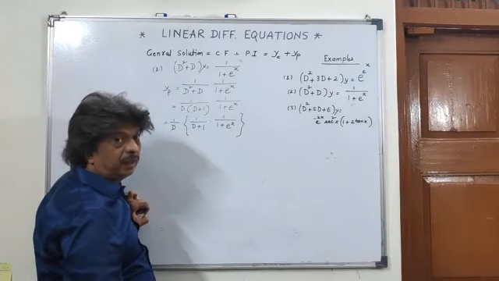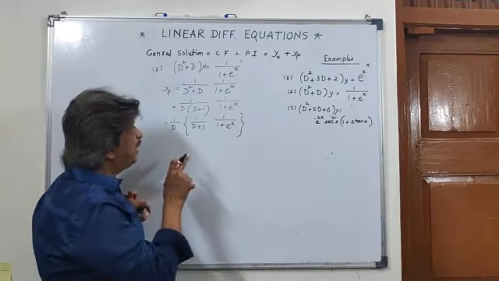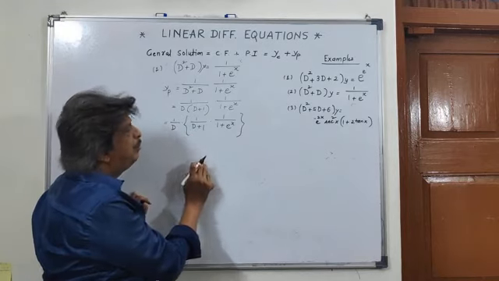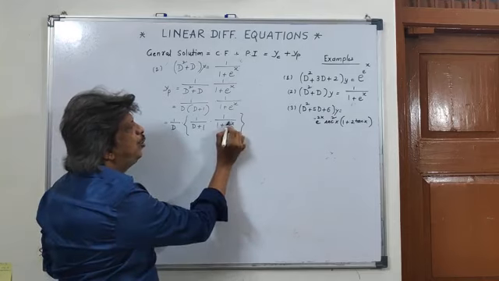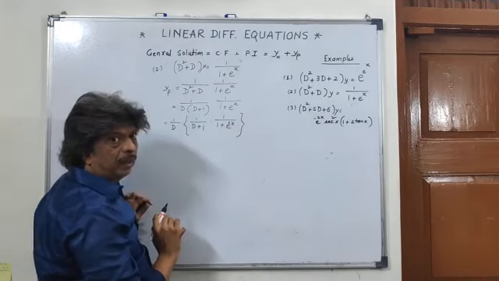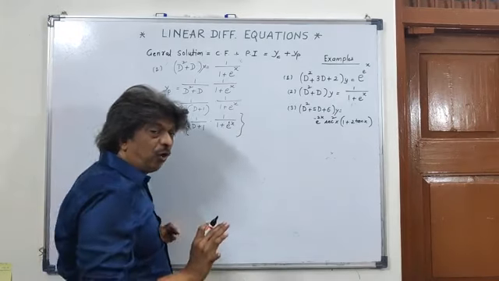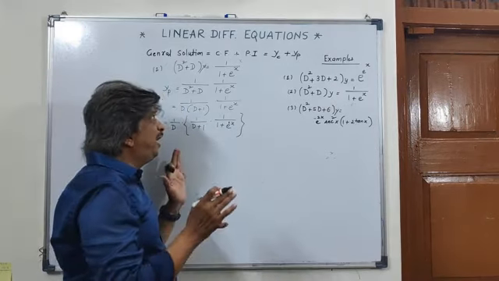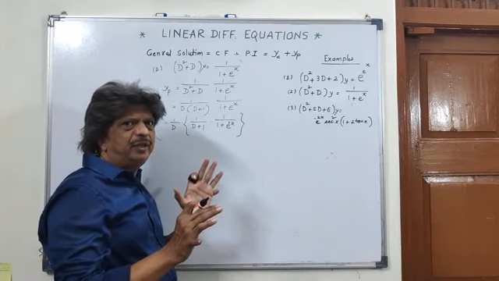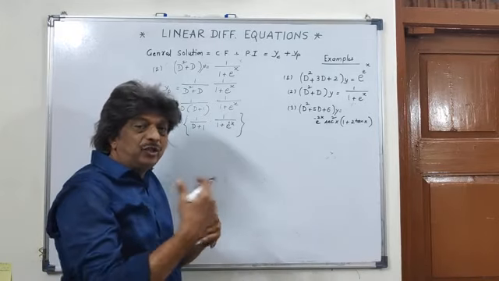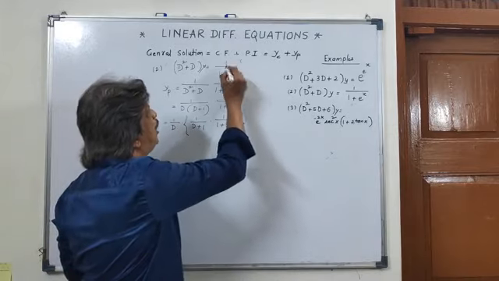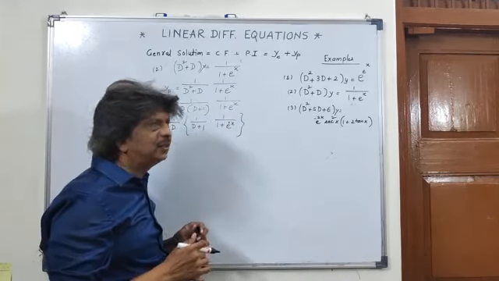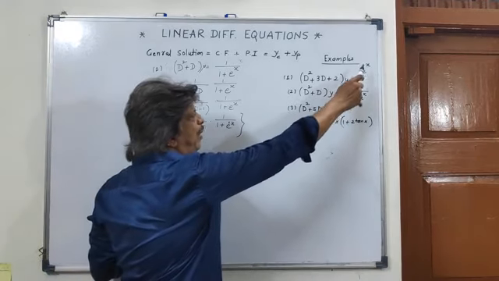Again, the same justification for this trick. Why am I employing this D plus 1 earlier? Because here it is e to the power x. In the general integral formula, if the right hand side function is a function of e power x, here it is 1 upon 1 plus e power x, earlier it was e to the power x.